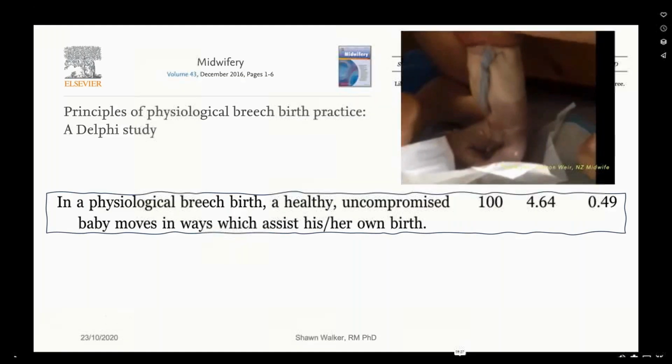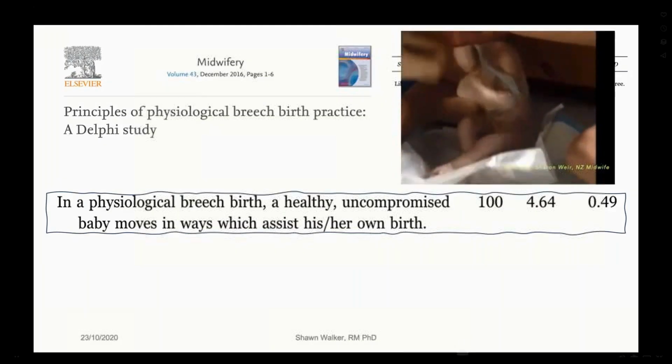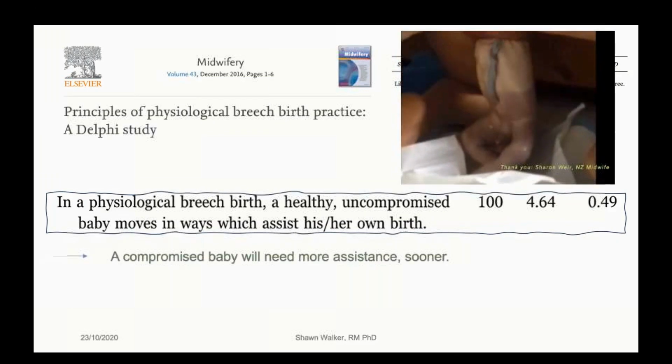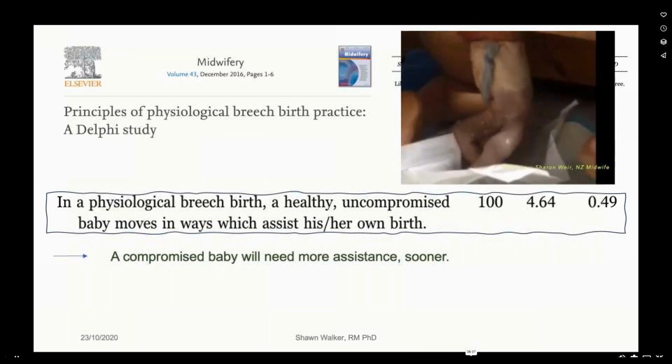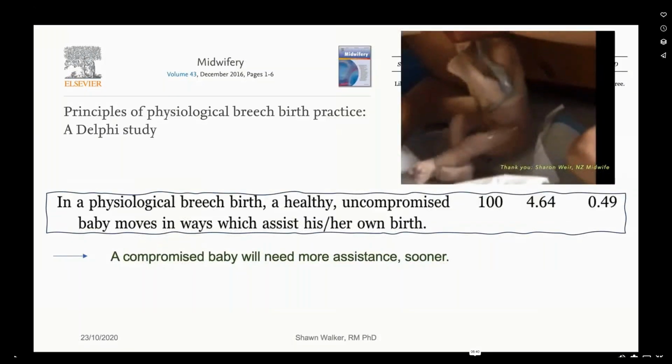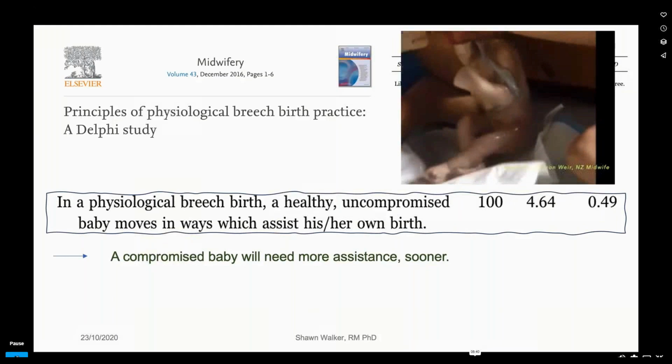So this is a good sign. They found that if the baby did not do this action and remained extended during the delivery, that means the baby is compromised. See, by the flexion, because he's moving his whole body into the flexion position, the arms come down and the head is flexed.